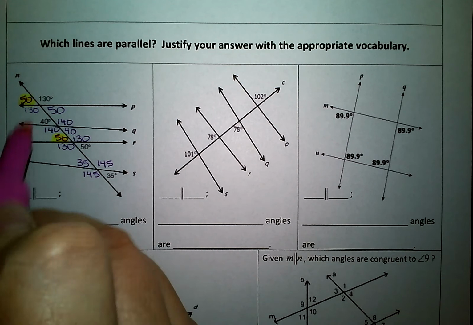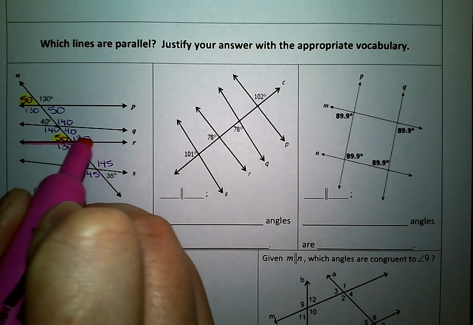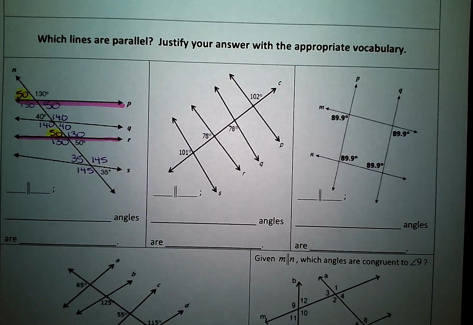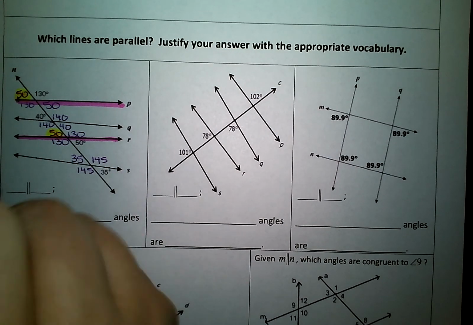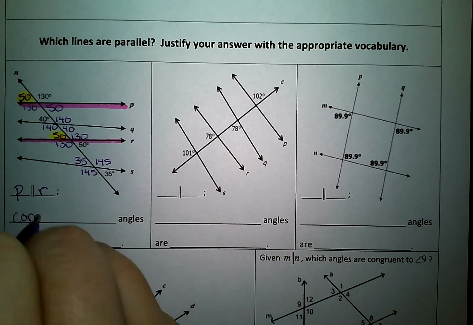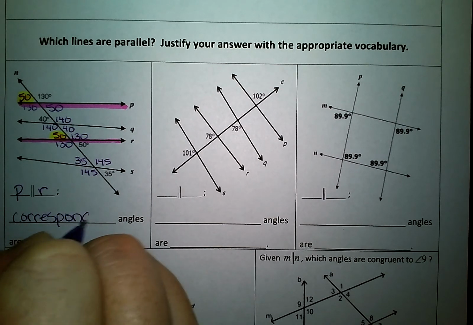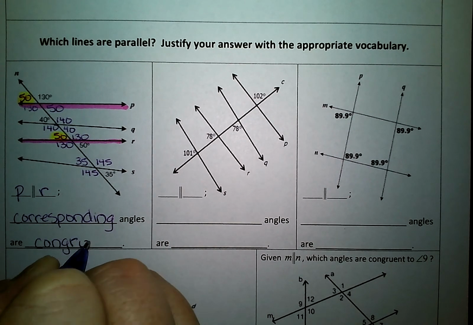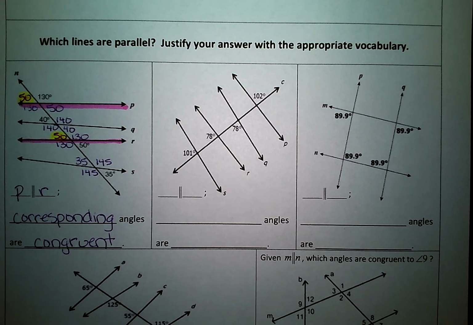That means line R is parallel to line P. So line P is parallel to line R. Corresponding angles are congruent. So once you work through all the angle measures, it should be pretty easy to see which angles are a corresponding congruent pair.